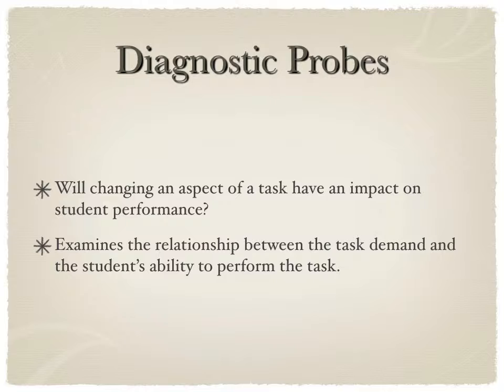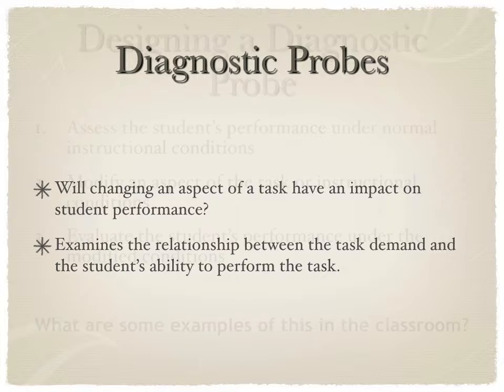Hopefully, we change it and it has a positive impact and the child's able to perform or achieve better. But if it doesn't and it goes the other way and it actually hinders their achievement, that gives us information as well too about the child's strengths and their needs and can help inform our instruction.